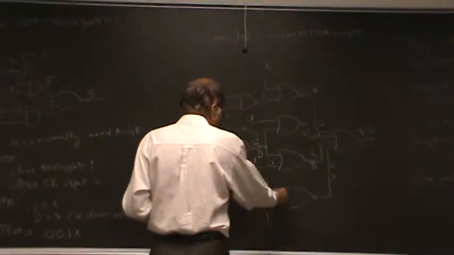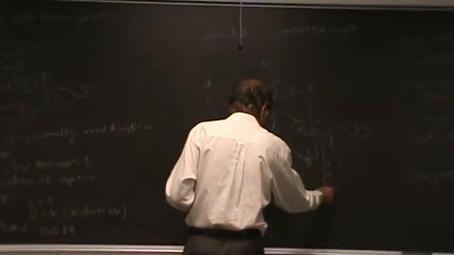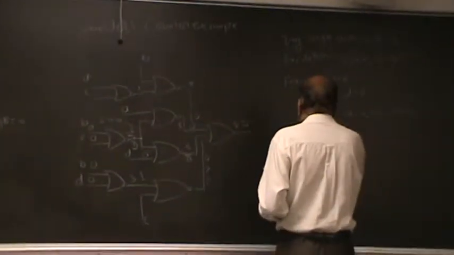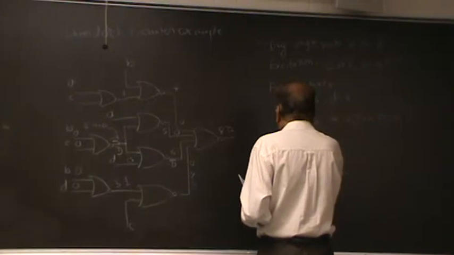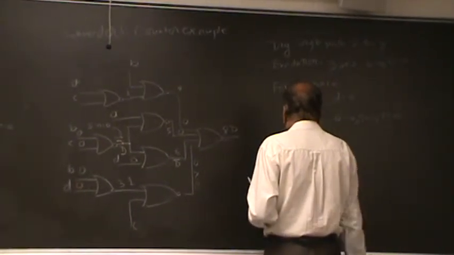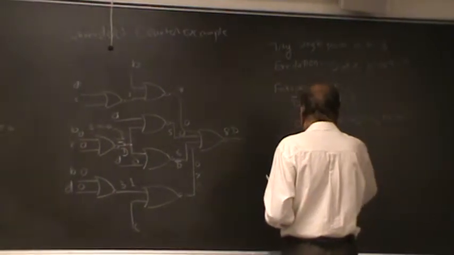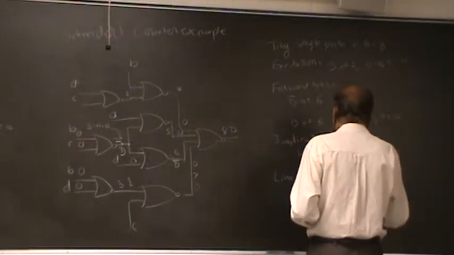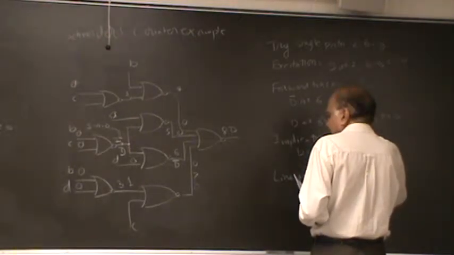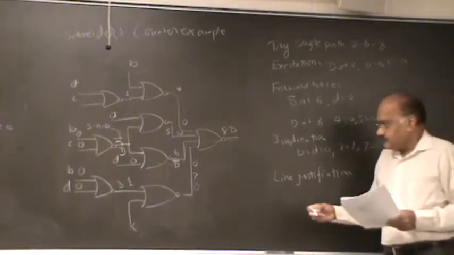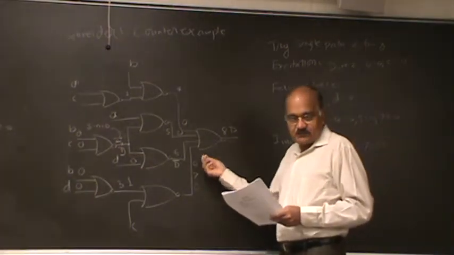And since this is a 1, this obviously is a 0. So because B and D are equal to 0, line 3 is equal to 1, and hence line 7 is equal to 0. And that is fine, because we want this to be 0, right?